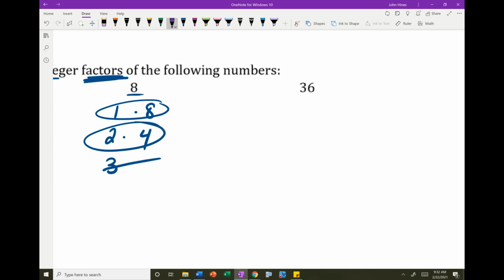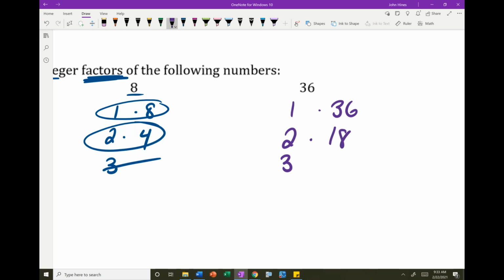36 is a big one. What makes 36? 1 and 36, always start with 1. 2. So on my calculator, if I don't know this off the top of my head, what am I typing in my calculator? Well, I know 2 is one of the factors, so let me do 36 divided by 2. I get 18.